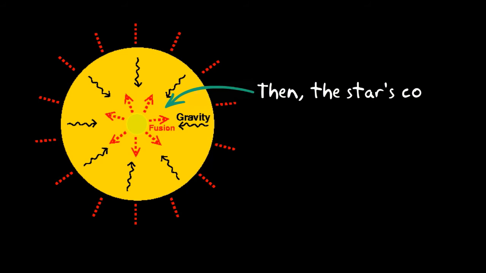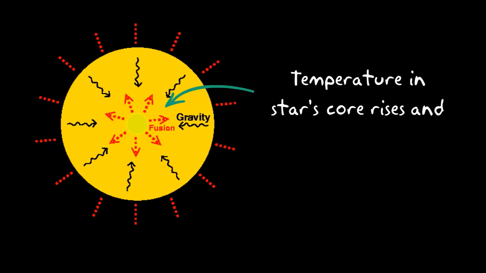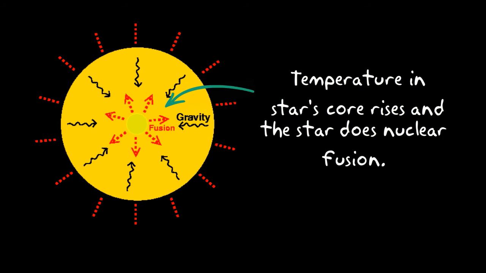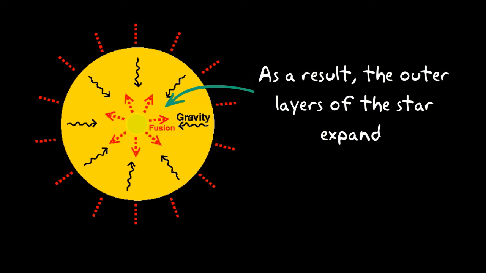Then the star's core collapses, but there is still some unburned hydrogen left. So the temperature in the star's core rises, and the star does nuclear fusion. As a result, the outer layers of the star expand.